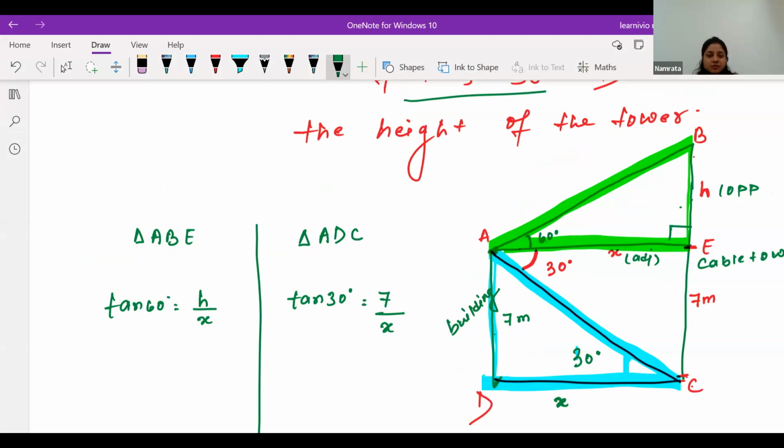Yes, Samina, we can use tan 30 and tan 60. What is the value of tan 30? And what is the value of tan 60? You have learned that, right?